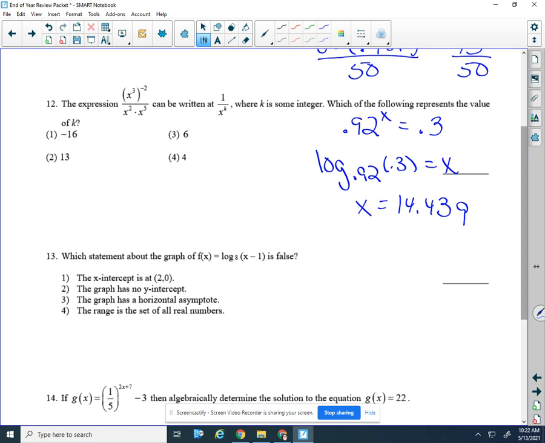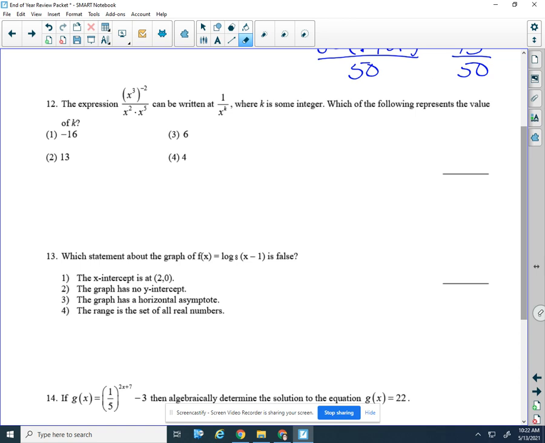Number 12, it says the expression x to the third to the negative 2 divided by x squared times x to the fifth can be written as 1 over x to the k, where k is some integer. So you're going to simplify that.